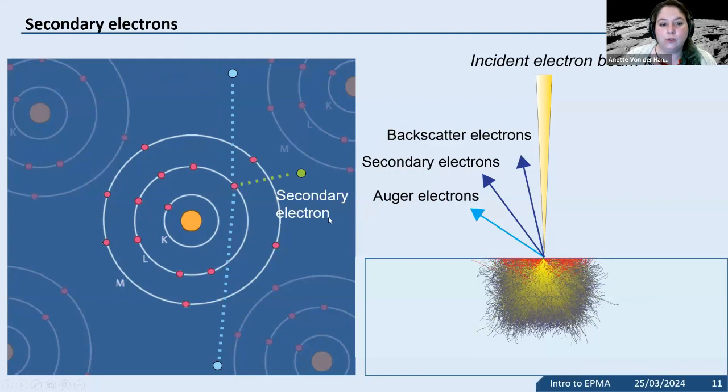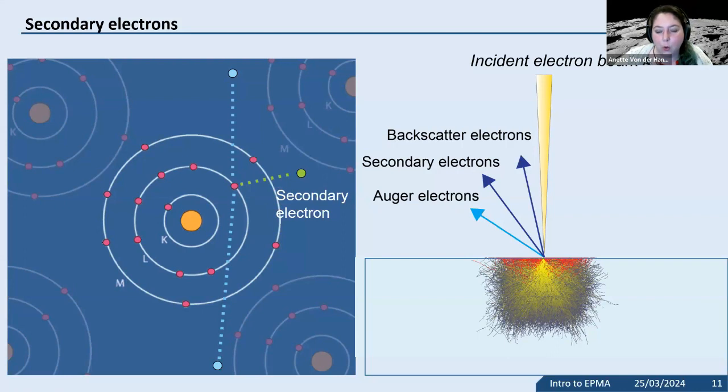Secondary electrons are electrons that have hit not a nucleus, but one of the electrons in the shell, and dislodge one of these electrons, and some of these secondary electrons can then be emitted from the sample surface. But the important thing here is that they are usually low energy, and because of that, they can get easily absorbed in the sample itself.